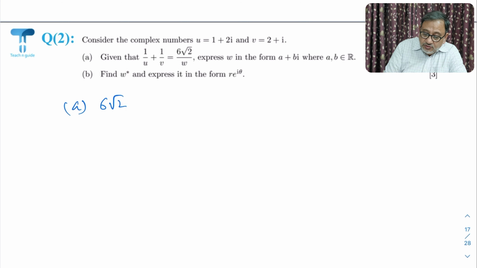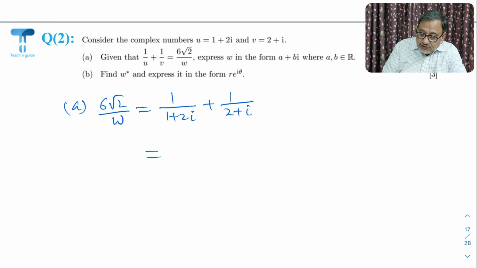So 6 root 2 by w is equal to 1 by u. U means 1 plus 2i, plus 1 by v, which is 2 plus i. Now we will rationalize them, or we will multiply by the conjugate so that there is no complex number in the denominator.